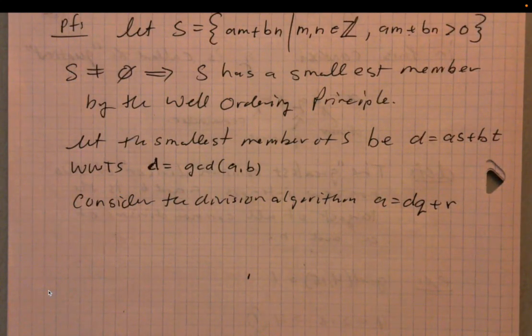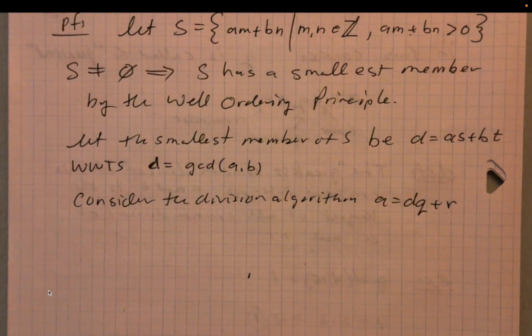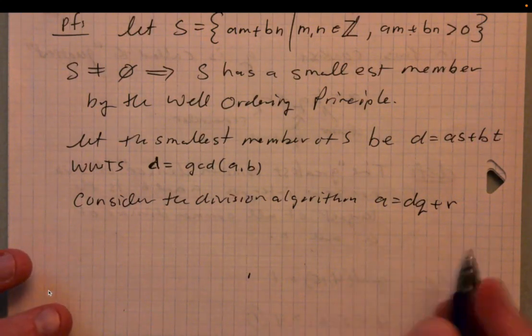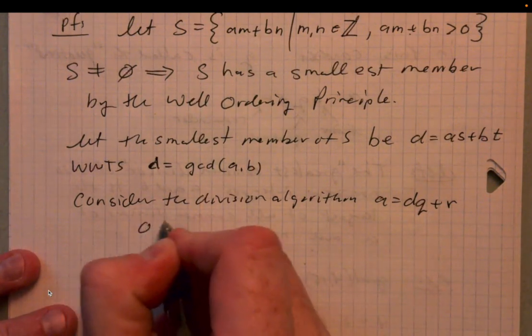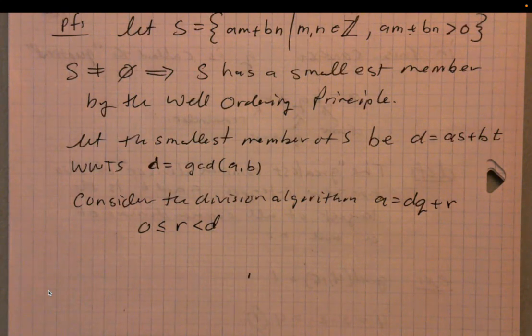This is basically saying that d is a divisor of a. If it's the GCD, then this must be true, so we're going to start with this. We assume a is equal to dq plus r, and in order for this to be true, 0 needs to be less than or equal to r, which needs to be less than d.